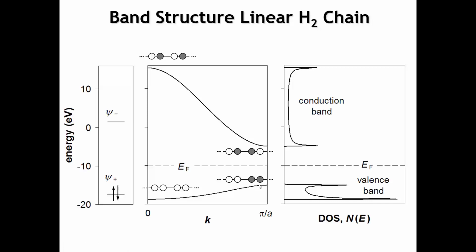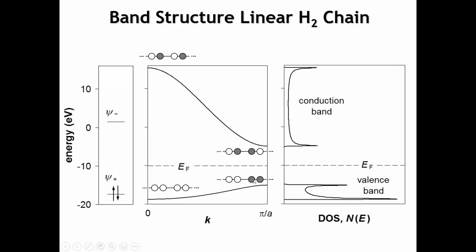Probably this difference is a little bit exaggerated by the extended Hückel theory. But the basic features are the same. Two bands. The lower band runs uphill in energy from k equals 0 to k equals pi over a. And the upper band runs downhill in energy from 0 to pi over a. And the Fermi level lies at the gap between these two bands.